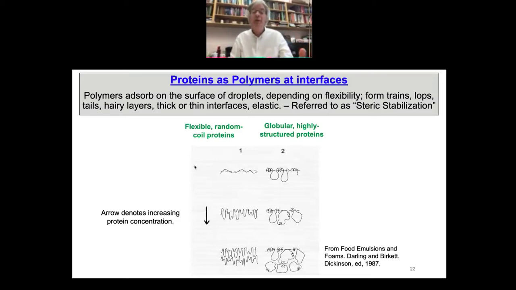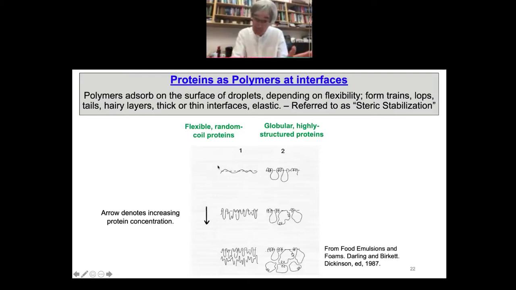So things like we talk about sometimes loops and tails that stick out. If you think of this as the oil phase and the water phase, with a highly structured protein, you may get a very high hydrophilic component that may extend away from the interface.